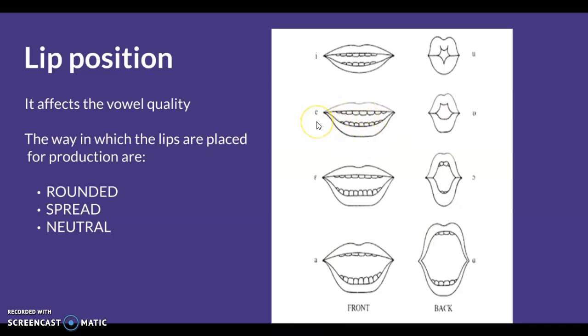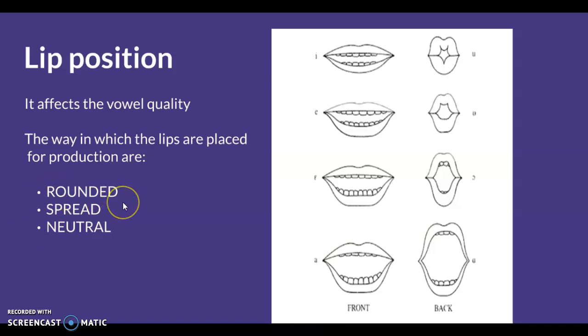For example, for the E sound, you make a smile, you spread your lips. Yes? You use these different lip positions in different types of vowels. Those that go to the front have neutral and spread lips, but those that are to the back are most of the time using rounded lips.